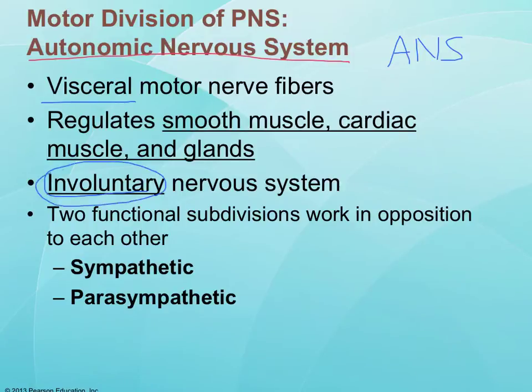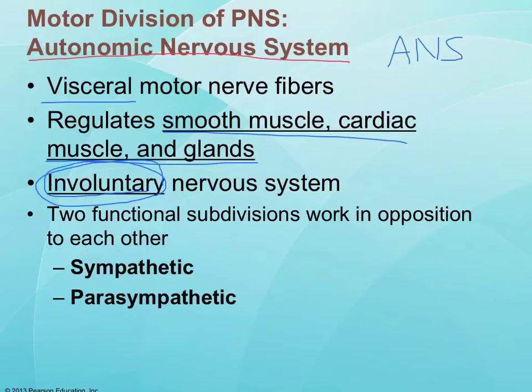As long as it's control, it should be the motor division. Those involuntary controls regulate smooth muscle, cardiac muscle, and glands, and are controlled by the ANS. So if I ask which motor division of the PNS controls the skeletal muscle, that is the somatic nervous system.